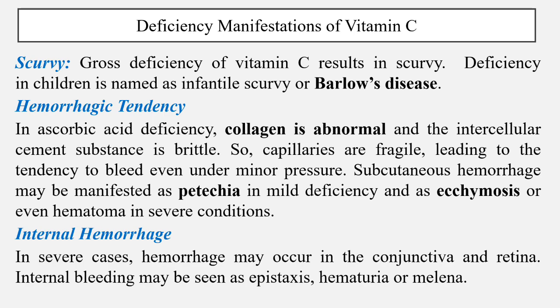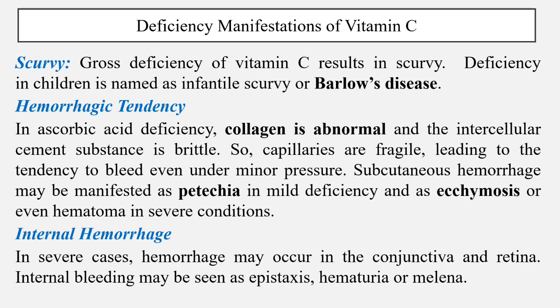There is a hemorrhagic tendency because in vitamin C or ascorbic acid deficiency there is a decrease in collagen or abnormal synthesis of collagen that leads to brittle intracellular substance. So capillaries are easily fragile in nature, leading to the tendency to bleed, even under minor pressure.